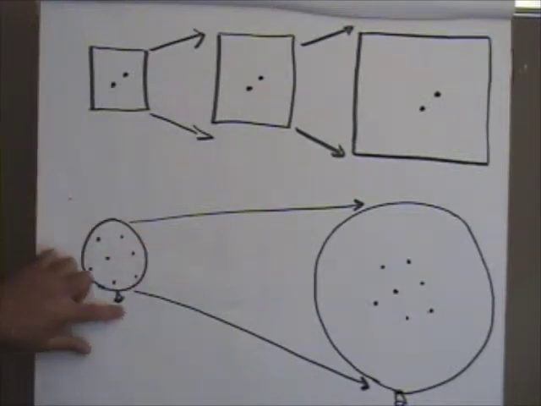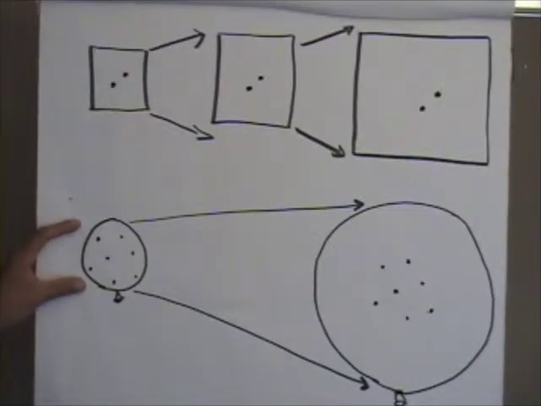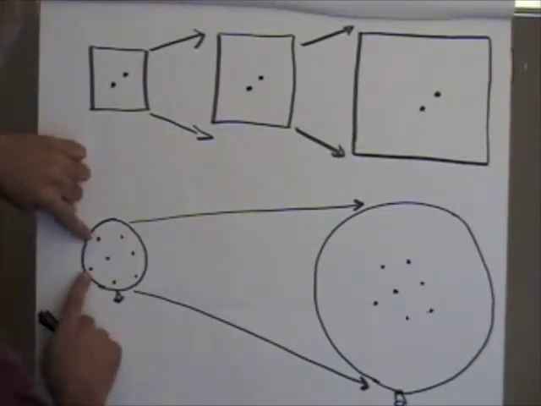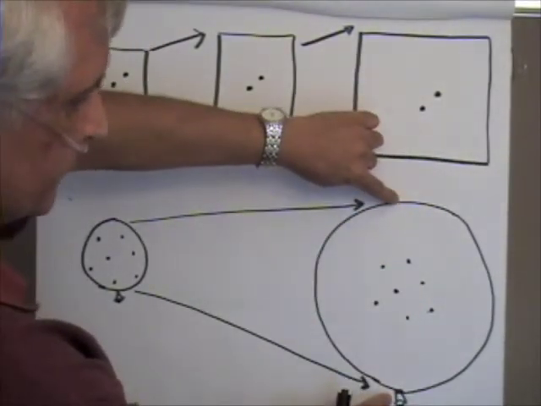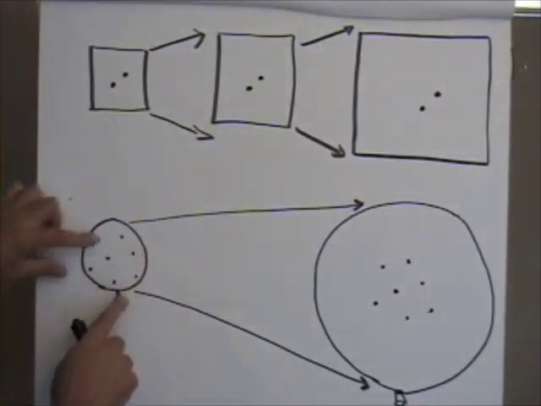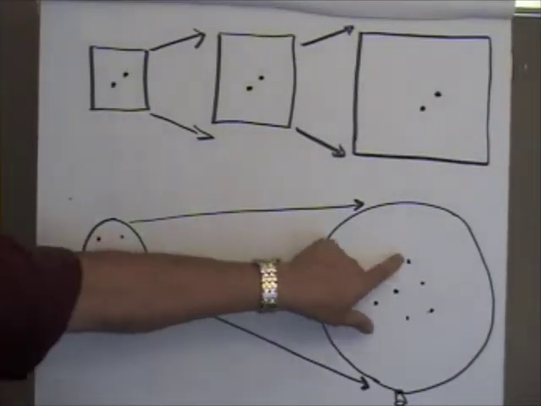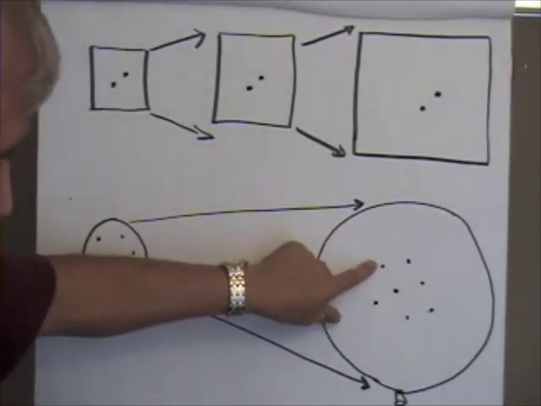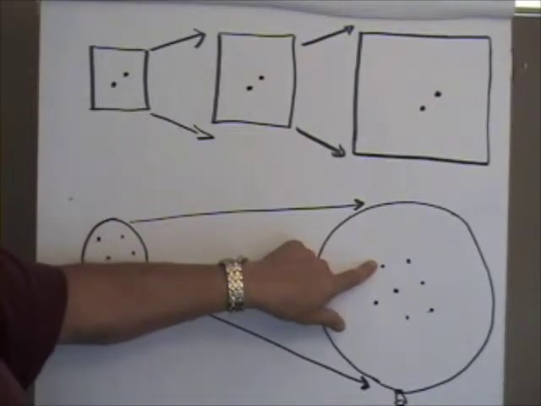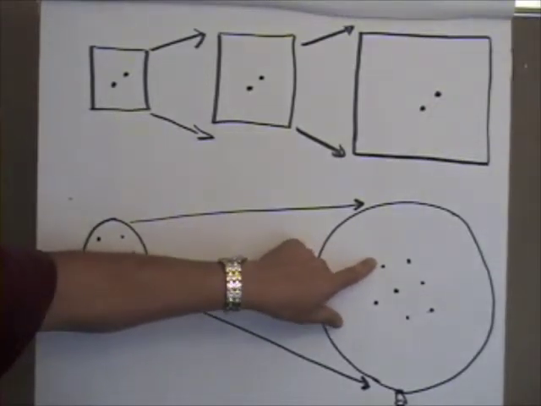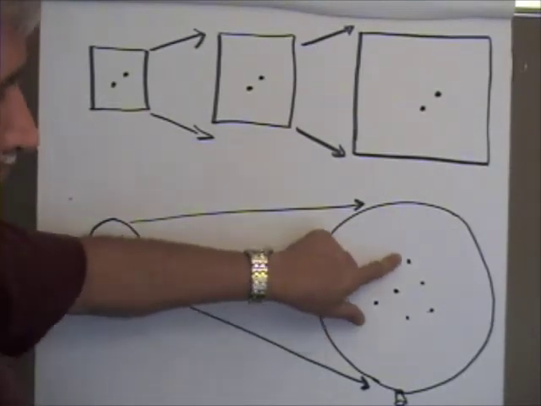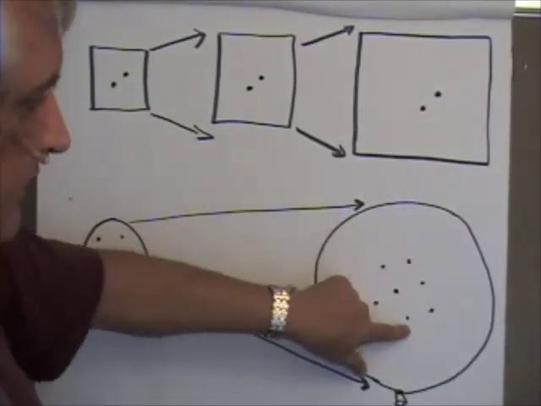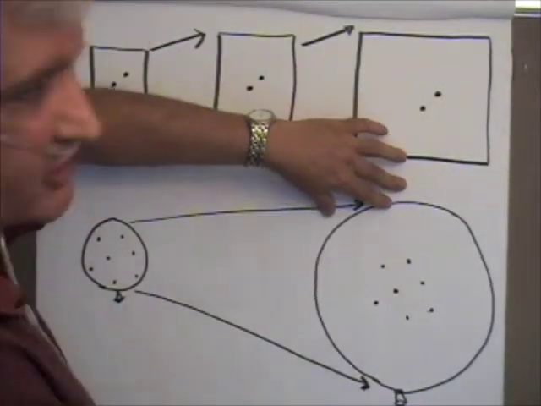So here's a balloon with all the galaxies of the observable universe. As space expands, space gets bigger, being the surface of the balloon, but the distance between all the galaxies stays the same. So the question then would arise, what's keeping all these galaxies at equivalent or nearly equivalent distances while space is expanding?